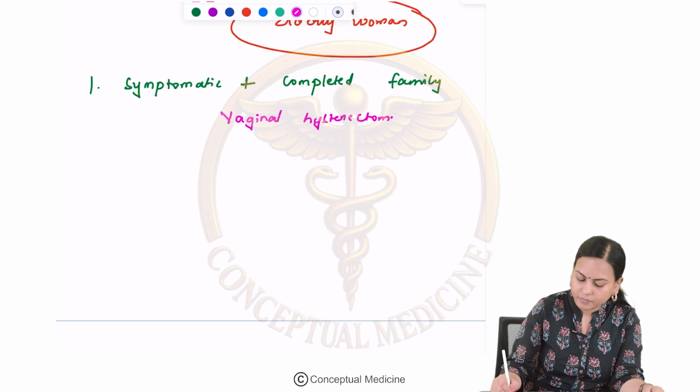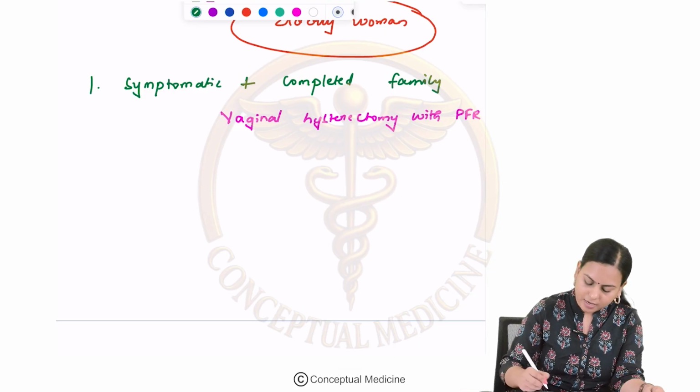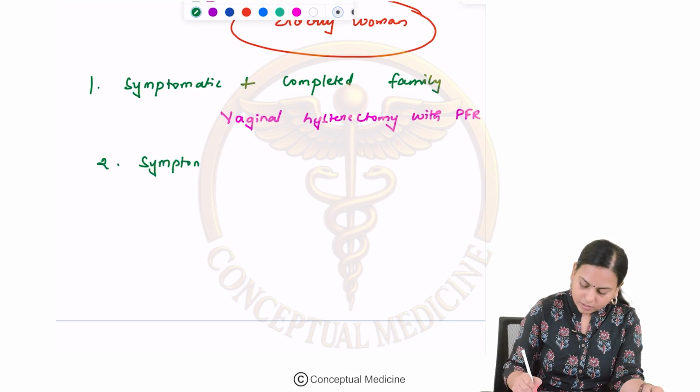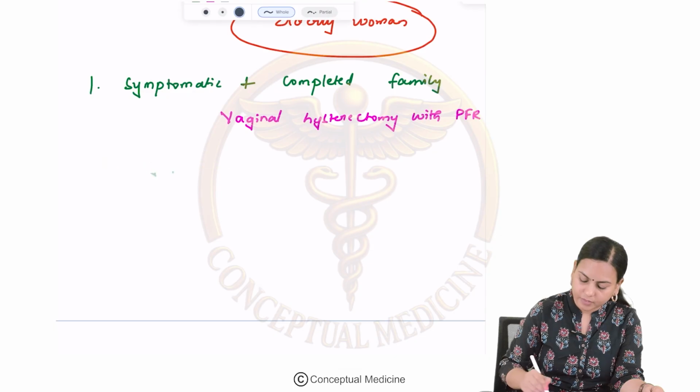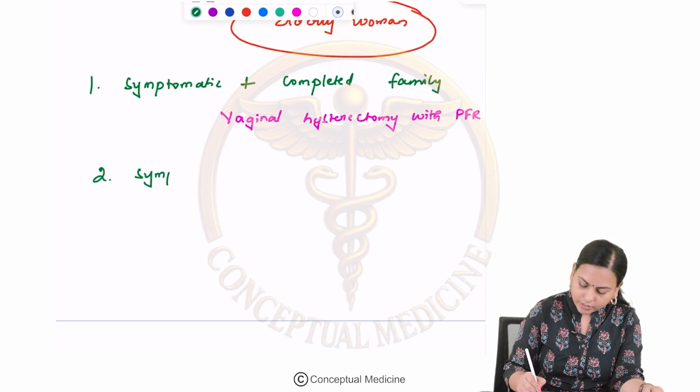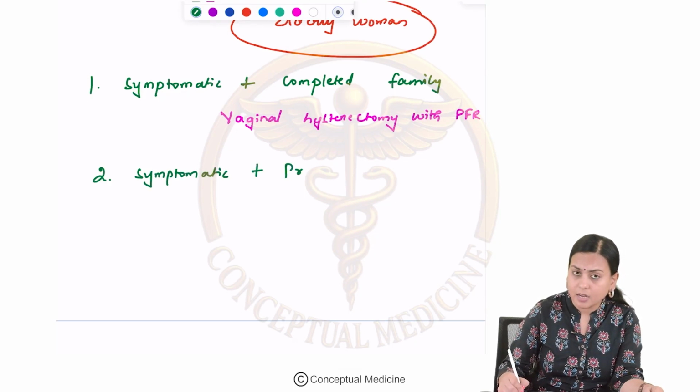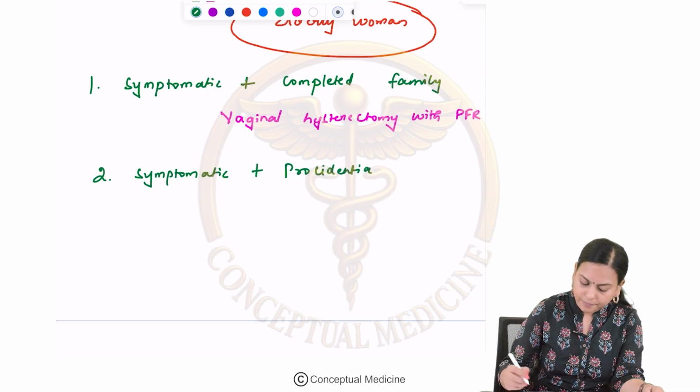hysterectomy with pelvic floor repair. And the second category is when they are symptomatic and they have procidentia.